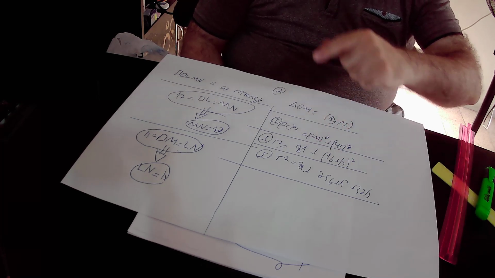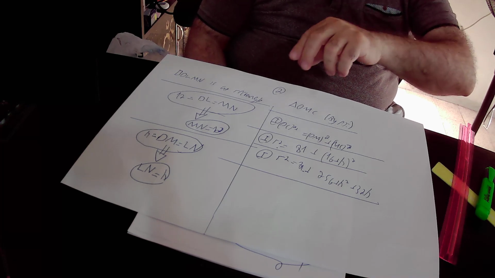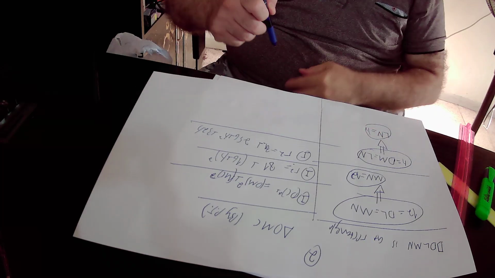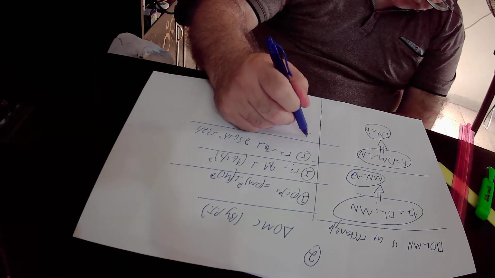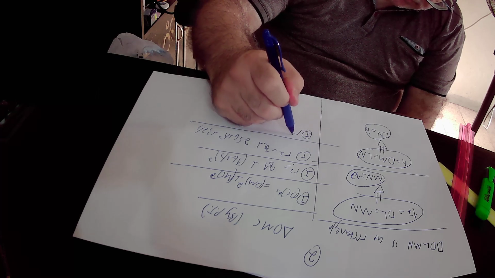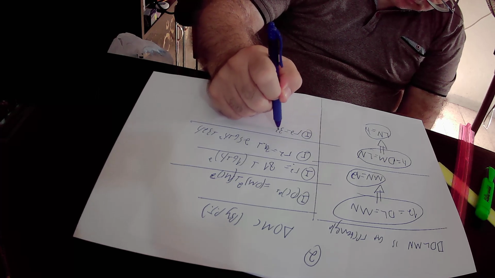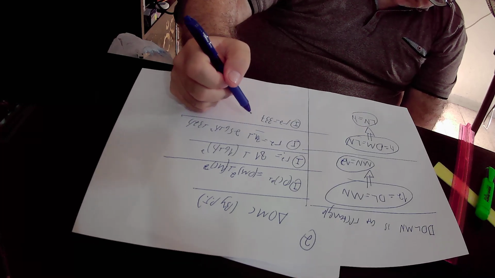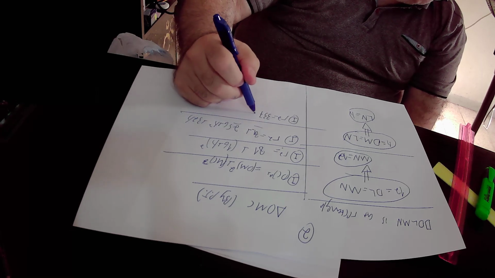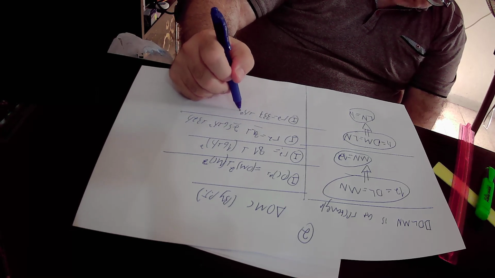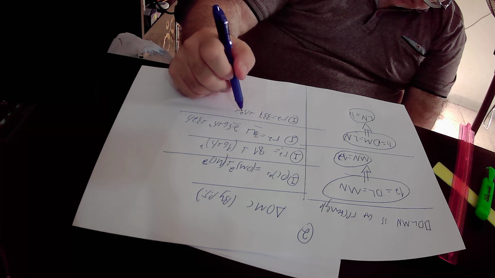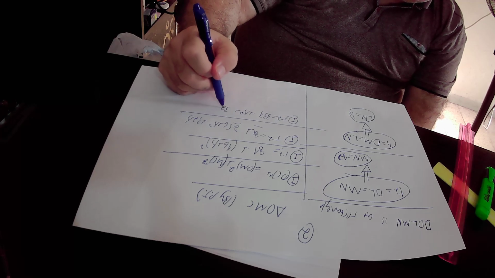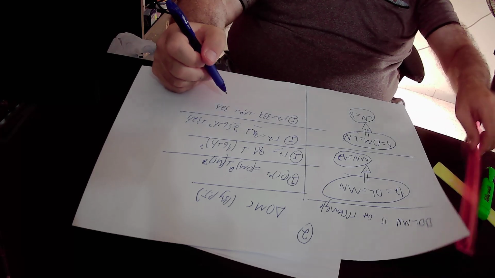Here 81 plus 256 is 337, so we write it down: plus 8 square plus 32H.